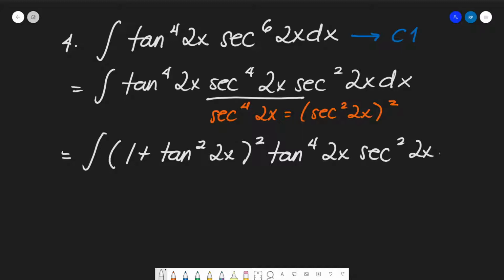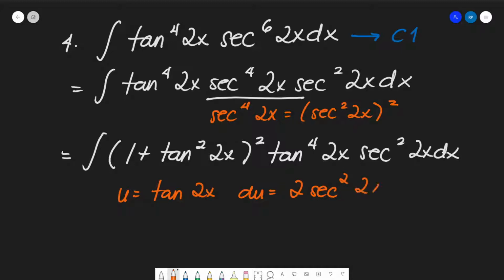Secant squared 2x dx. So, u is equal to tangent 2x. Du is equal to secant squared 2x dx pala, sorry.